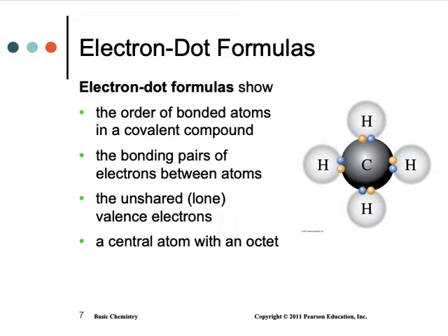And essentially, if you can think of the outer band of electrons as needing 8, then you can say, okay, carbon is in group 4. It must have 4 valence electrons. A hydrogen has 1. Hydrogen needs 2. Carbon needs 8 to be stable. So if hydrogen shares 1 of carbon's, that hydrogen is now stable. And then all 4 hydrogens work that way.